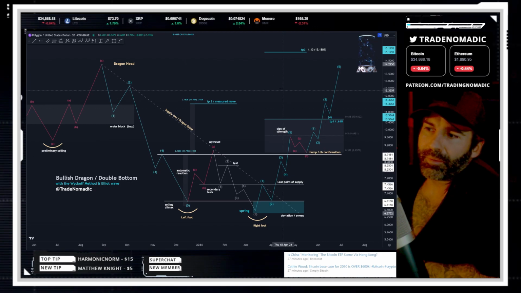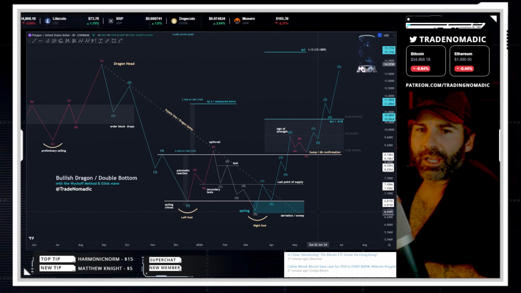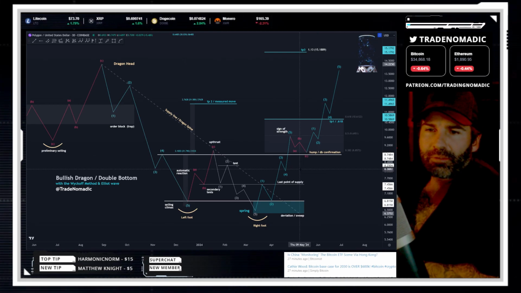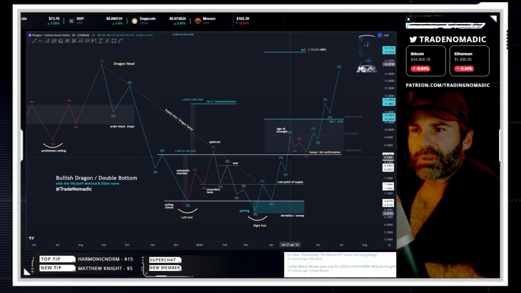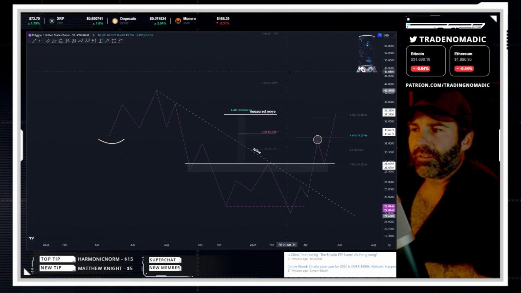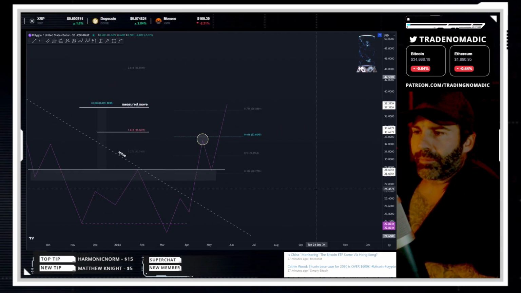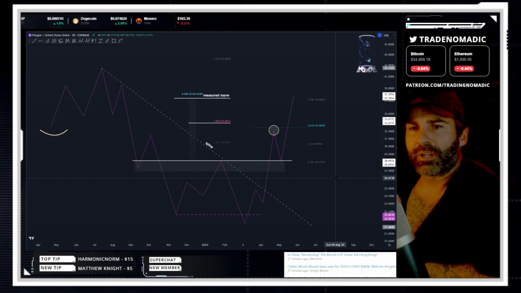But this is the gist of it. One thing I do want to add is not only a way of finding a take profit target, but also a harmonic aspect of the dragon too. Because a lot of the time, this helps when you're trying to find an entry.